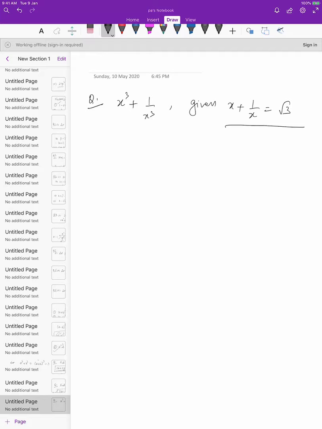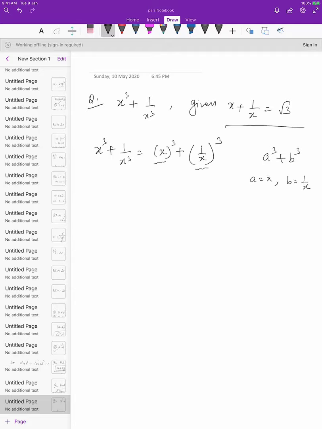Now let's see, x cube plus 1 upon x cube can be written as x whole cube plus 1 upon x whole cube. So can I treat this question as a cube plus b cube, where a will be x and b will be 1 upon x. So my a here is x and b is equal to 1 by x.